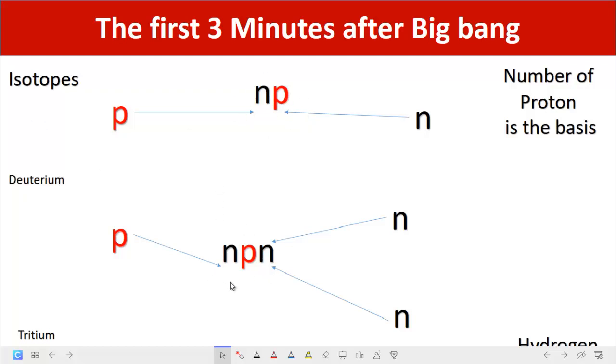And this is also called hydrogen tritium. So these two are both hydrogen, but they have different numbers of neutrons. So these are called isotopes. Isotopes means they have the same element, but different neutrons. So this is the hydrogen deuterium isotope, and this is the hydrogen tritium isotope.